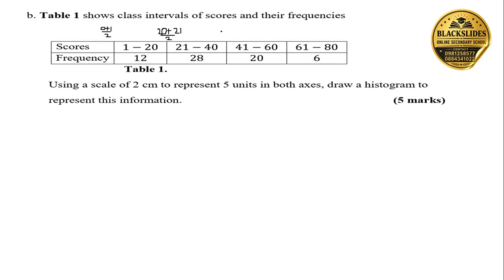Over here you take 40 add 41, divide by 2. You're just taking averages of the upper and lower boundaries. Divide by 2.